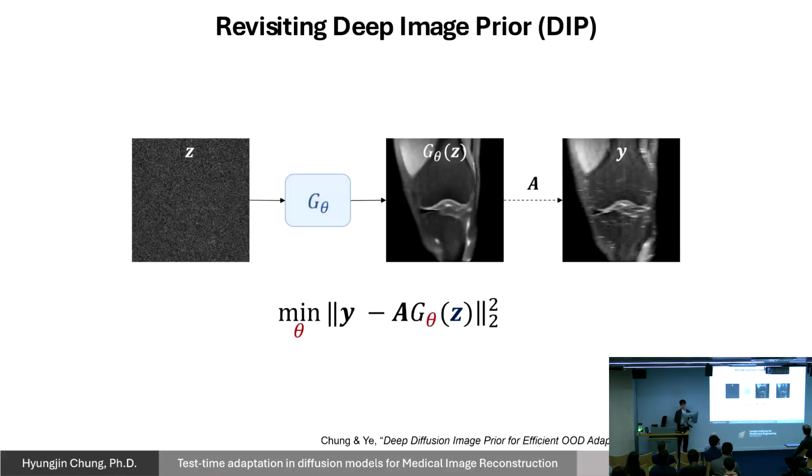So when you have this kind of problem, where you have a single measurement and no idea how it stemmed, we can think of using deep image prior, where the idea is that if you have an untrained network and a single measurement, you can overfit this network to the single measurement through the data consistency loss.